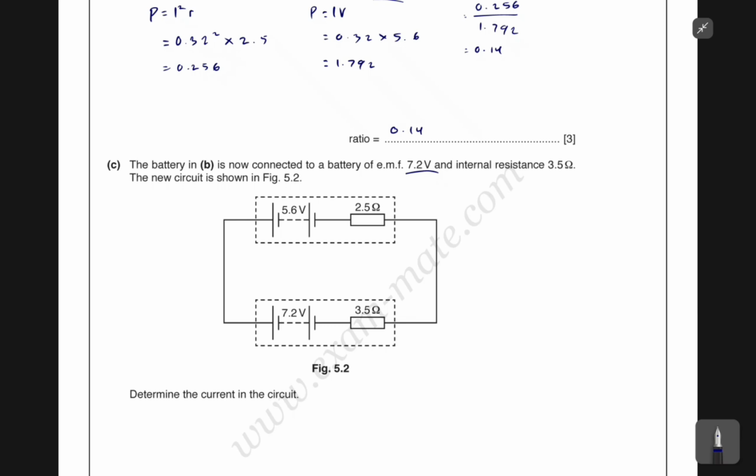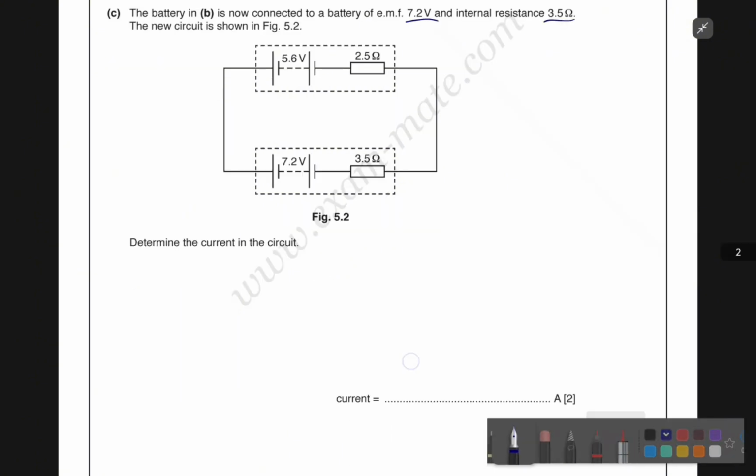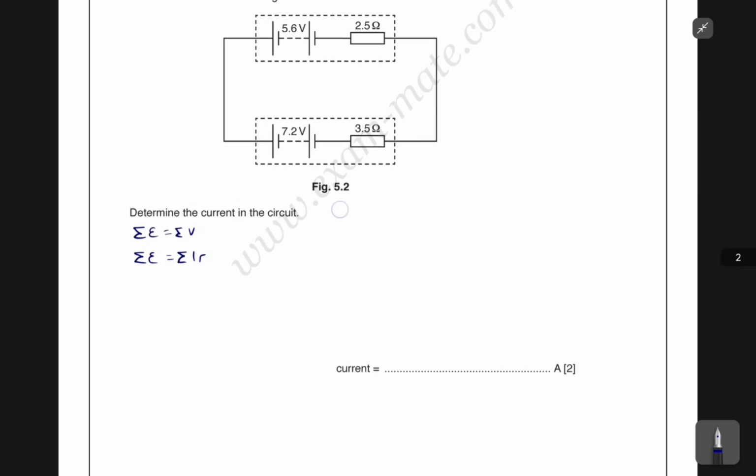Determine the current in the circuit. We're going to use the second Kirchhoff law. Sigma EMF is equal to sigma PD. We know that sigma PD is equal to sigma IR. For the sigma EMF, we calculate 7.2 minus 5.6.